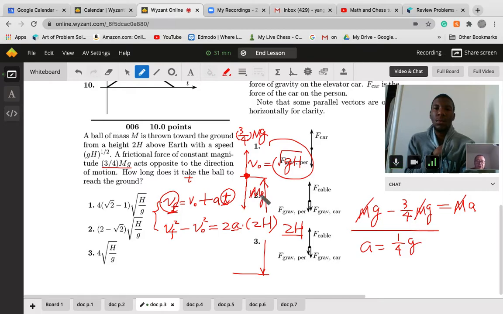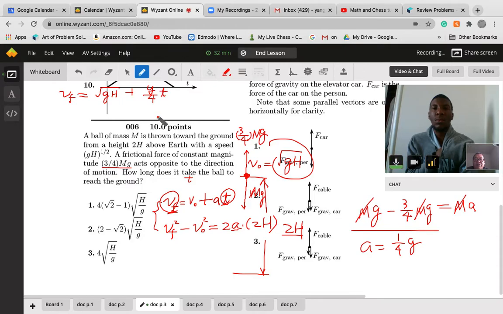So now let's do it. First, we can plug in v0 plus a times t to replace this vf. So vf equals v0, that's square root of gh, plus a, that's g over 4 times t, right?